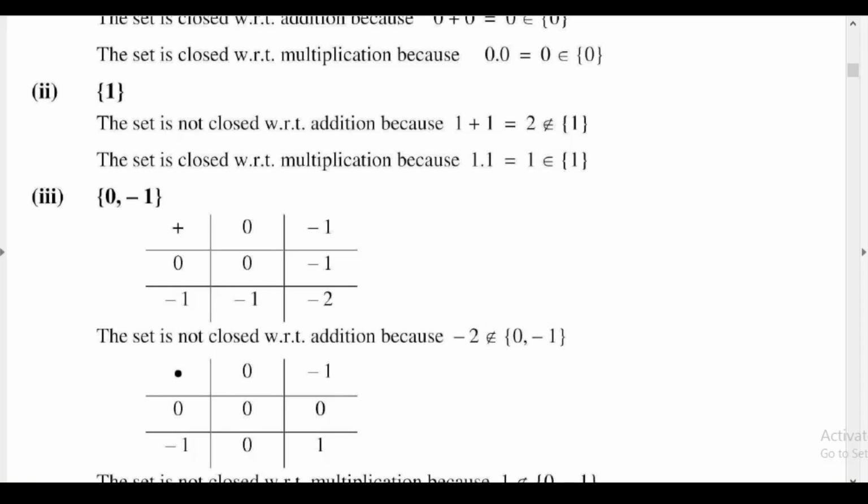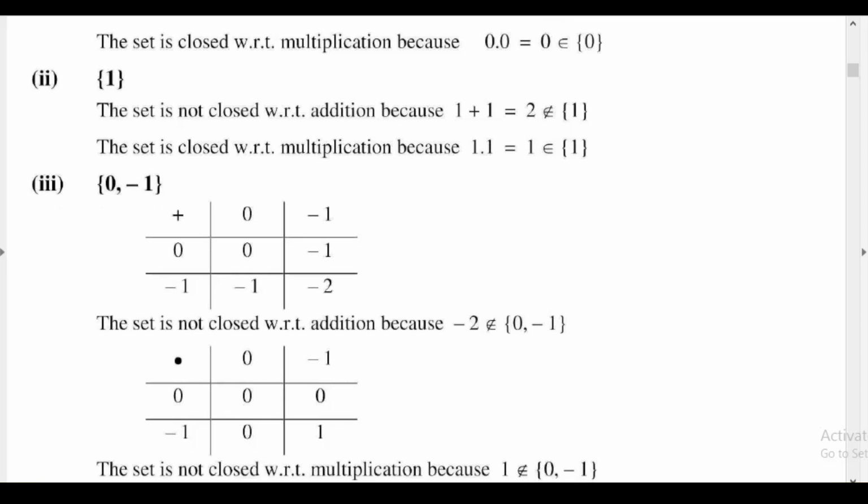So 0 and -1 belong to the set, but 1 does not belong to the set. So this set is not closed with respect to multiplication because 1 does not belong to set {0, -1}.